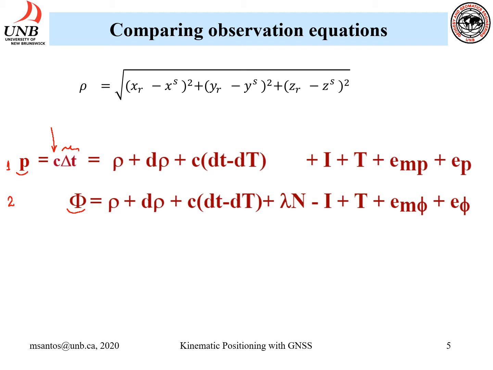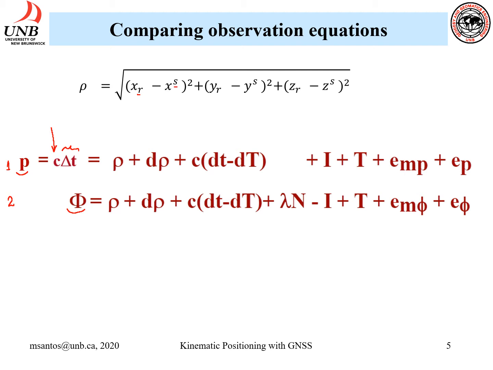And we said that what this pseudorange represents is the geometric distance, rho. What is geometric distance, rho? Geometric distance is the distance between receiver and satellite in terms of Pythagoras, in terms of the summation of the squares of the differences of its components.